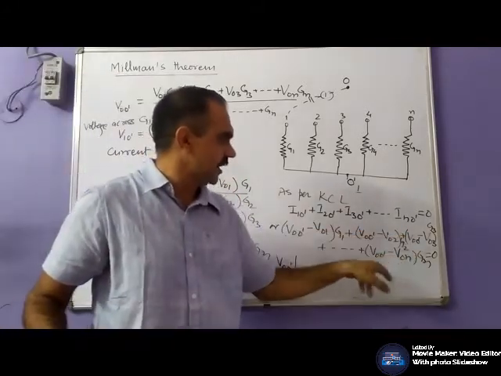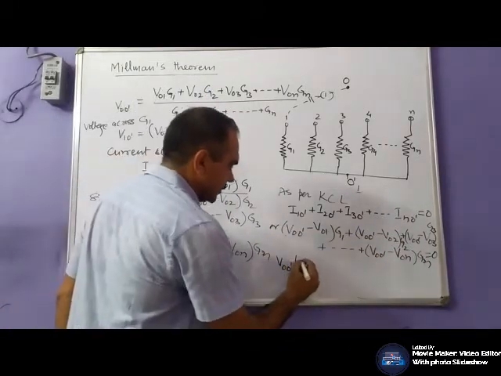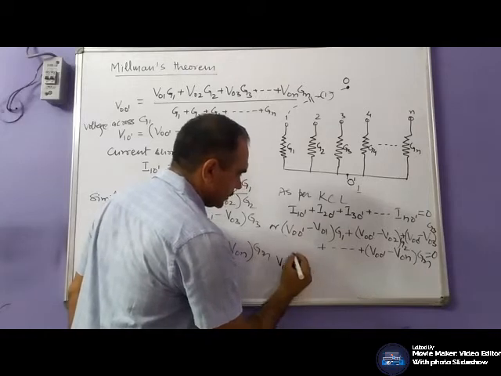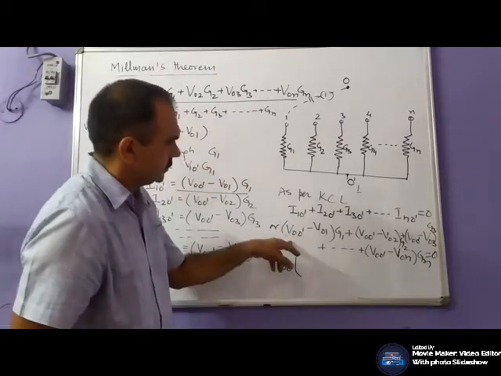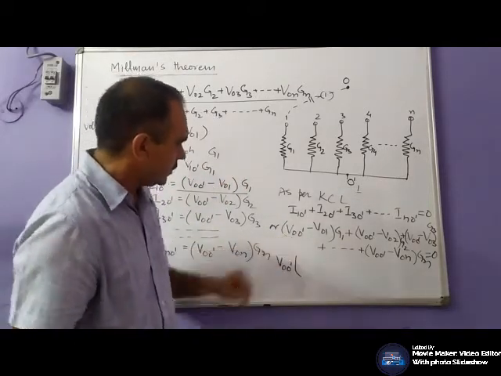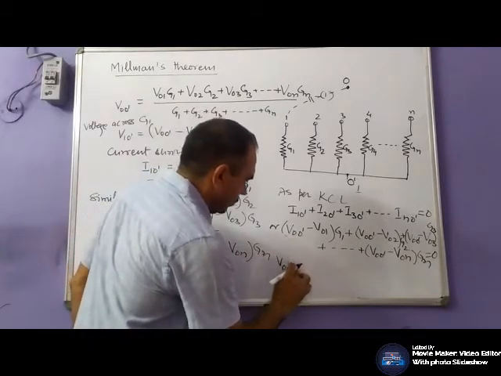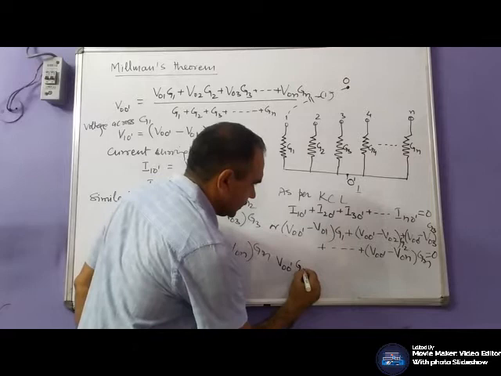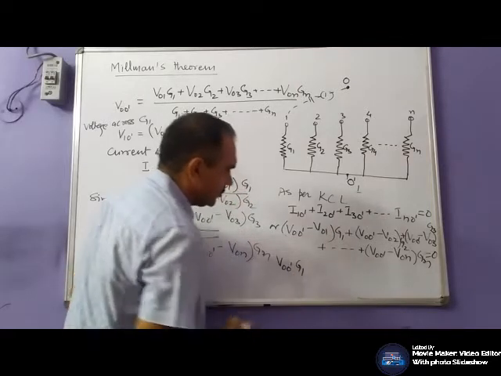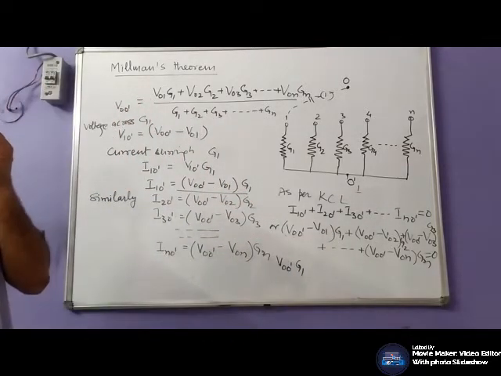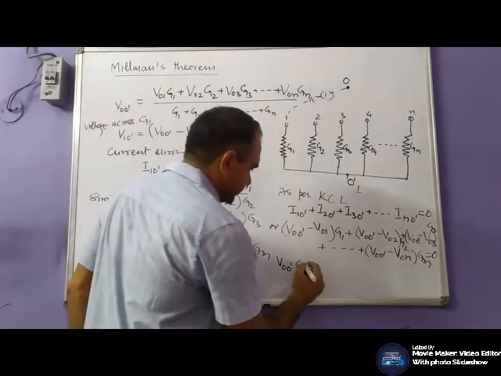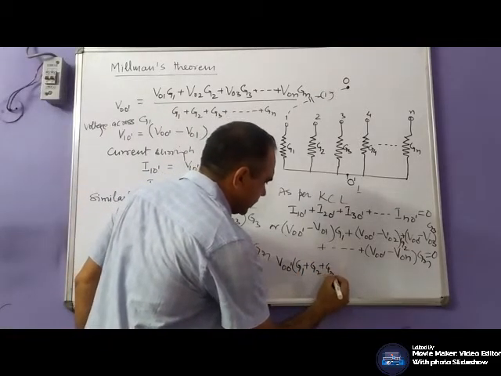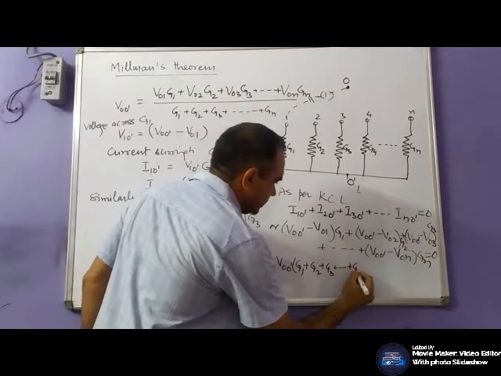All V00 dash common. We have taken this common, or V00 dash into G1 plus G2 plus G3 plus Gn.